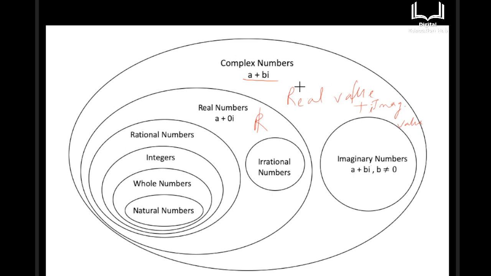This part is called the complex number, and generally it is denoted with the z symbol. All the other numbers are basically subsets of the complex numbers. It's an imaginary term which was conceptualized to solve various situations.